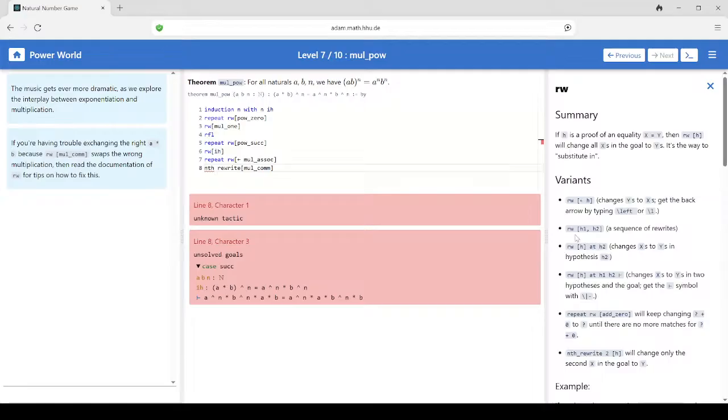Hang on. Rewrite H1, H2, a sequence of rewrites. Okay. Rewrite H at H2. In hypothesis H2, that's not what we're looking for. Rewrite H at H1, H2, change it.